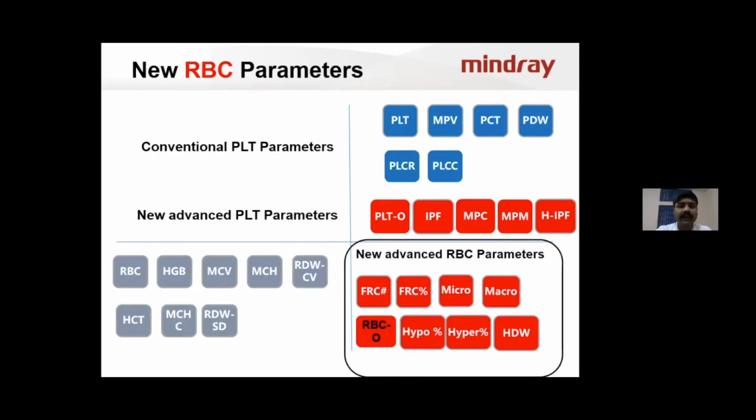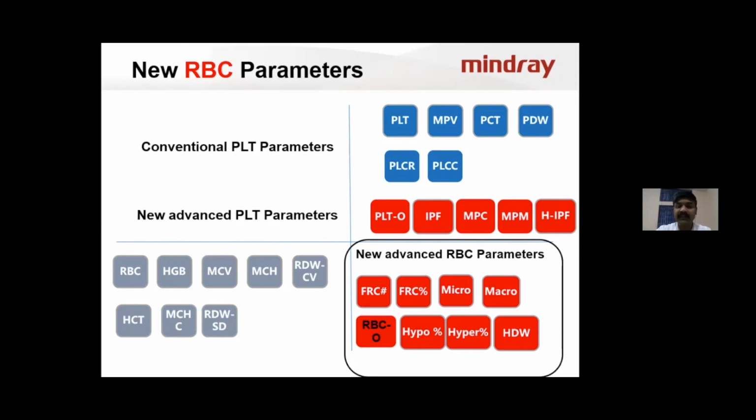So apart from these platelet parameters, we have some new RBC parameters which can help in differentiating some anemias, and which can be a supporting parameter for some coagulation disorders. So what are the new RBC parameters? You can see I have mentioned FRC.